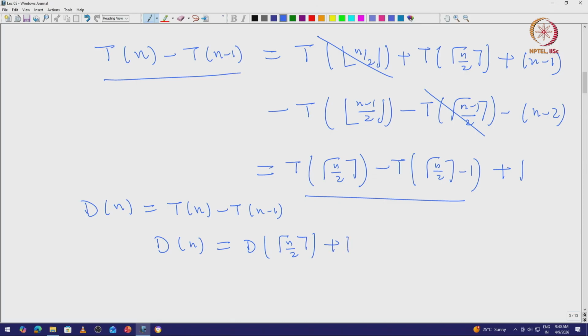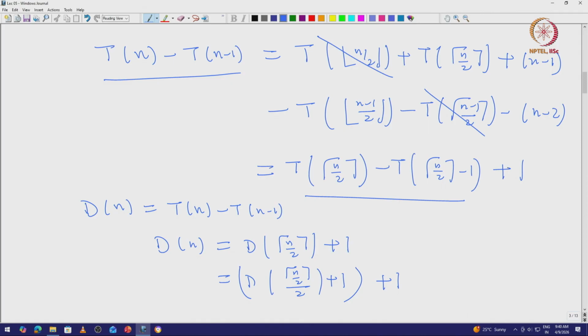So, d(n) is nothing but d(ceil(n/2)) plus 1. Now, I can iterate. What is d(ceil(n/2))? d(ceil(n/2)) is d(ceil(n/2/2)) plus 1 plus 1.